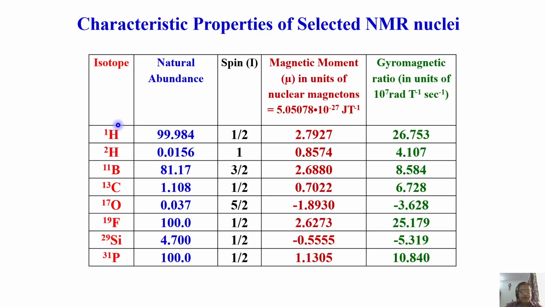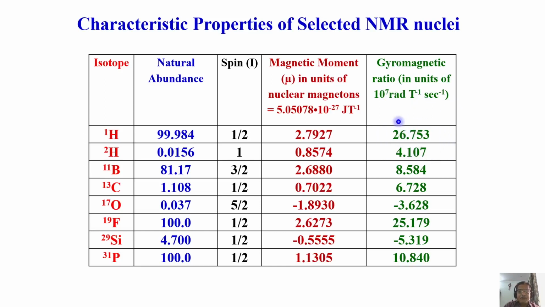Natural abundance is 99.98%, close to 100%. It is a spin half nucleus. Its magnetic moment is calculated already. We know how to calculate it experimentally. But its gyromagnetic ratio gamma is 26.75 into 10 to the power of 7 radians per Tesla per second.